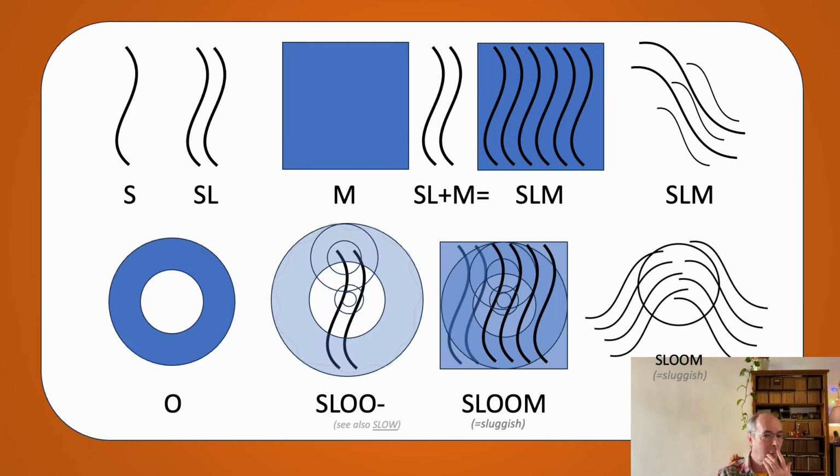So we have a couple of words. I can also combine it with O, like in slow, or SLOOM. It means sluggish. Once they start to interfere within one environment, the SL with the M, so these waves and the matter, it will not be a very dynamic thing.